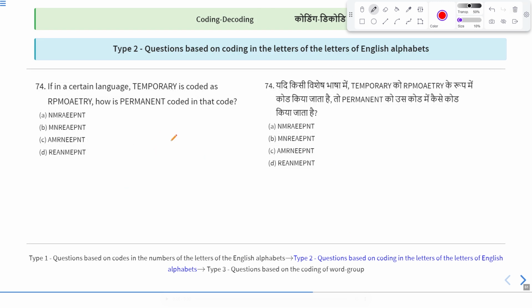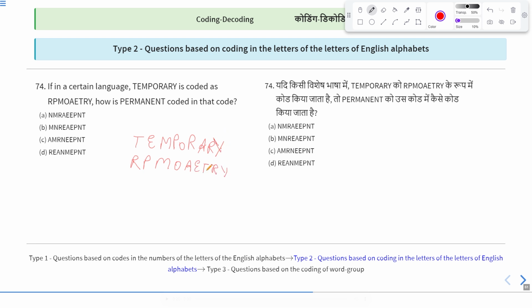They've done the same thing. Temporary becomes permanent.